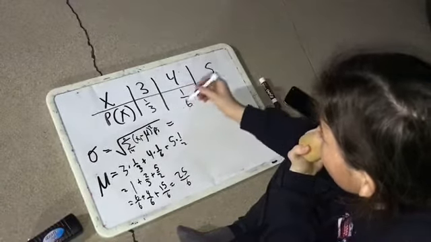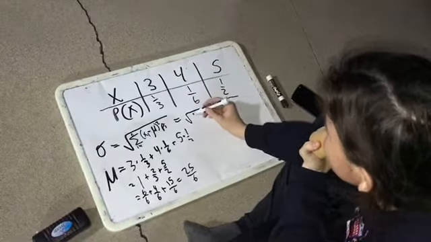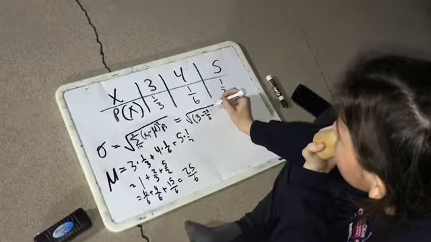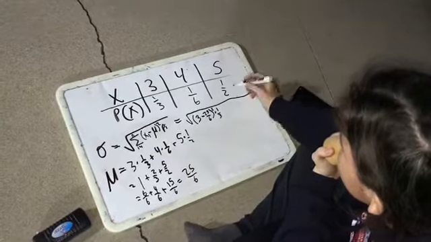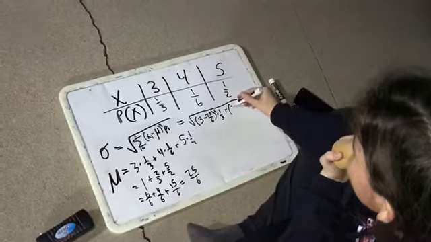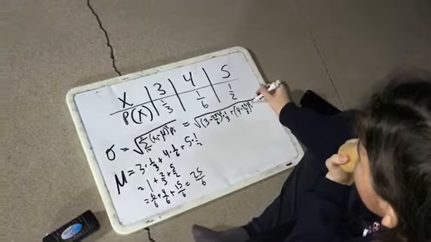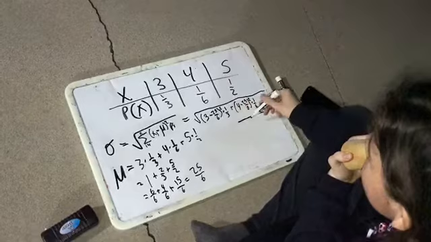So our standard deviation is going to be the square root, this is a tough one, of 3 minus 25/6 squared times 1/3 plus 4 minus 25/6 squared times 1/6. I'm just going to keep the square root going right here.